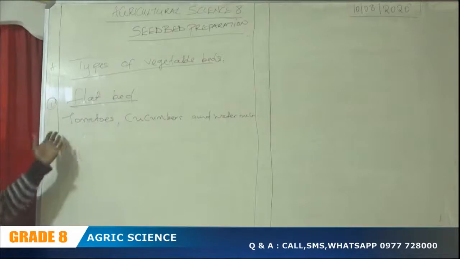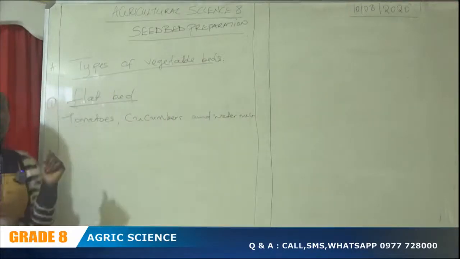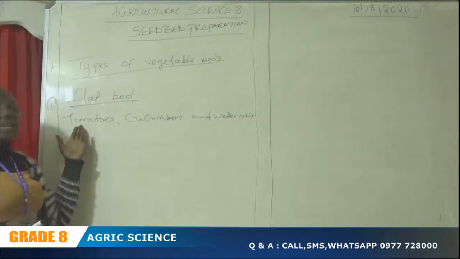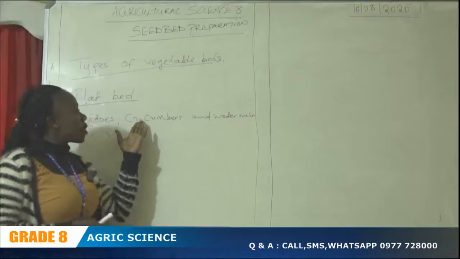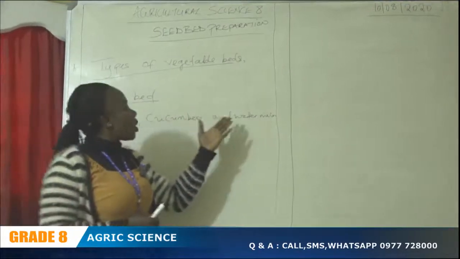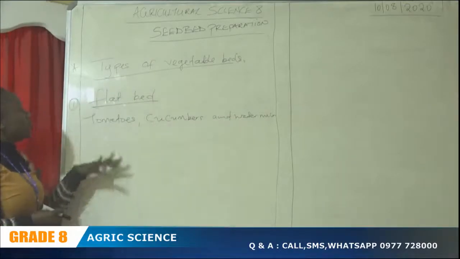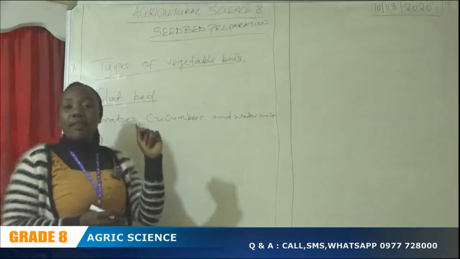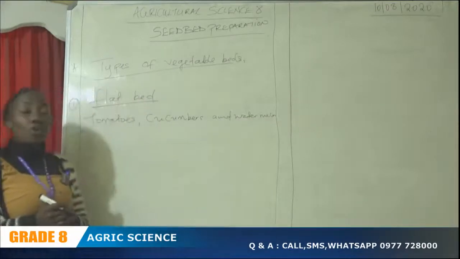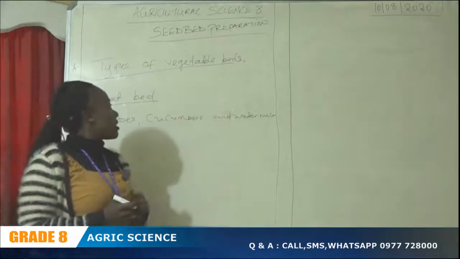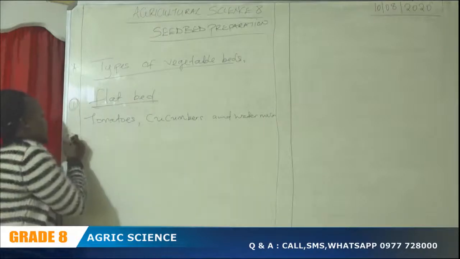Okay, so when you look at these examples, tomatoes fall under solanaceous vegetables, cucumber falls under cucurbit vegetables, and watermelon falls under cucurbit vegetables. Okay, so flat beds are usually done within Zambia or within Lusaka. Most of us, for us to grow these kinds of vegetables I've given here, we need to use a flat bed. Okay, so let's go to the next.